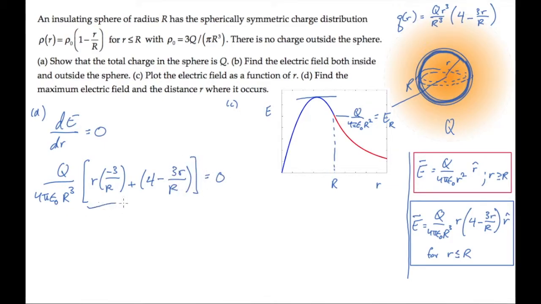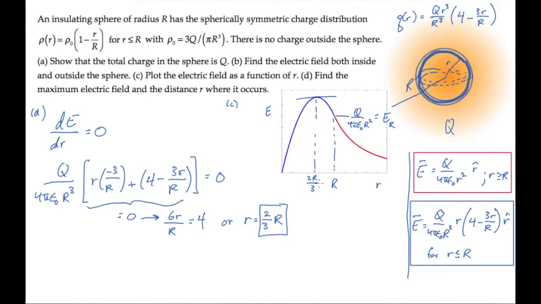If it's to equal 0, this term in brackets must equal 0. A bit of rearranging shows us that requires 6 times little r over capital R equals 4, so that the maximum field occurs where little r equals 2/3 times the radius of the sphere. This is where the maximum occurs.